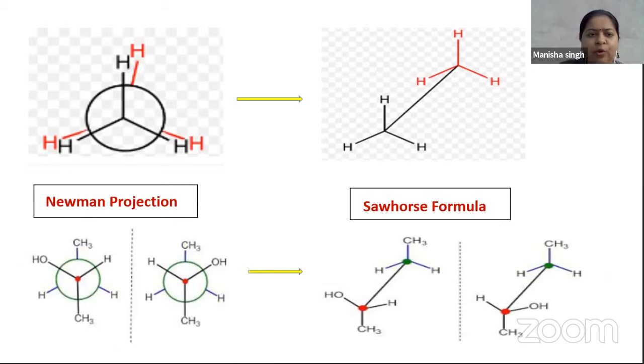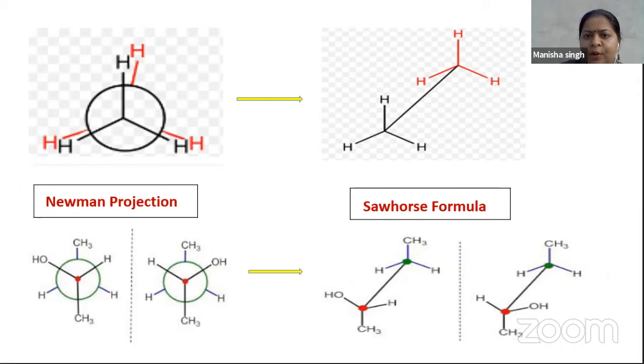Now, you can see the Newman projection formula, this one, and then the Sawhorse formula, this one. In Sawhorse formula, one slanting line is there. You can see the slanting line. So the lower end of the line is the front carbon.